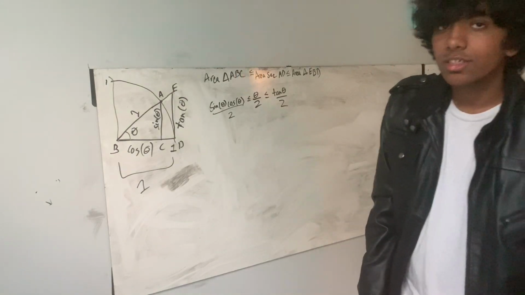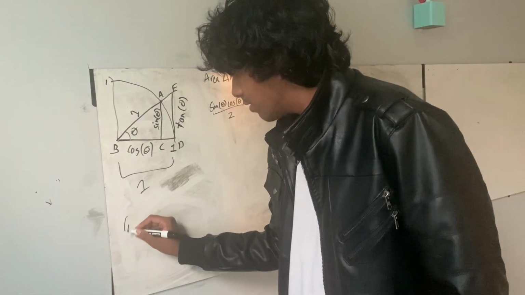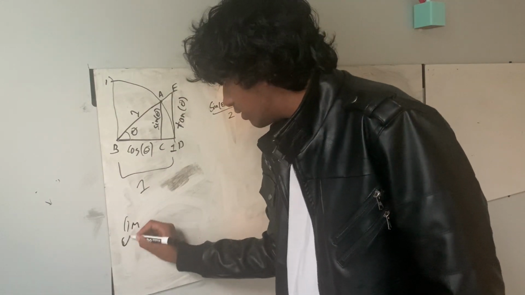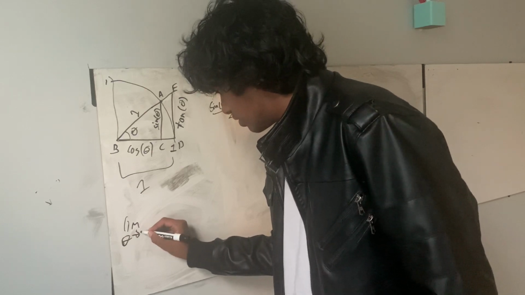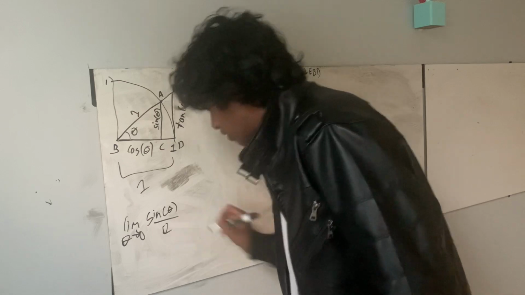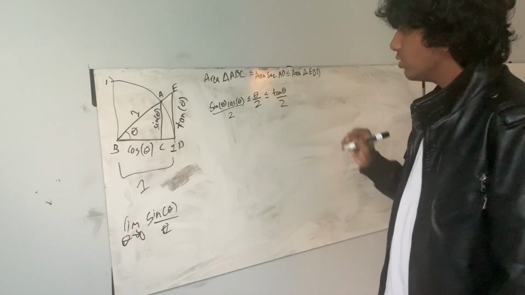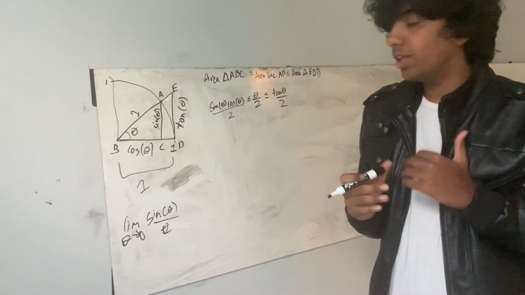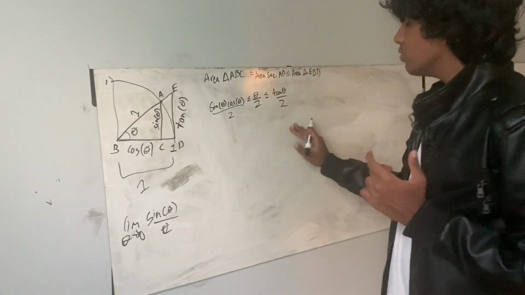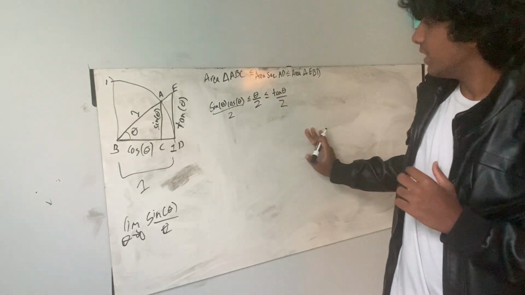let's simplify this so we can look for our limit. Because remember, we're looking for the limit as theta approaches 0 of sine theta over theta. That's our goal. So let's use this in order to find our goal. Okay, so I see 2's on the bottom. I don't like that. Let's multiply by 2 so we can get that out of there.